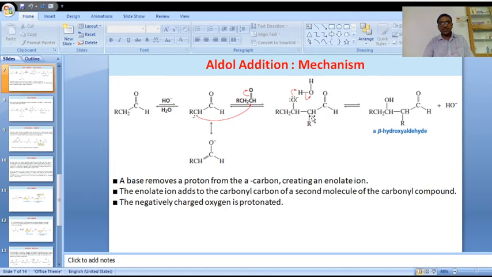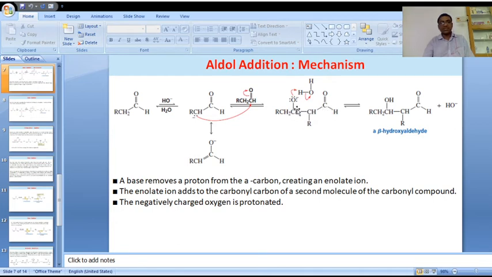Here a new sigma bond forms between these two carbons, the alpha carbon of one mole and the carbonyl carbon of another molecule, a new carbon-carbon bond.